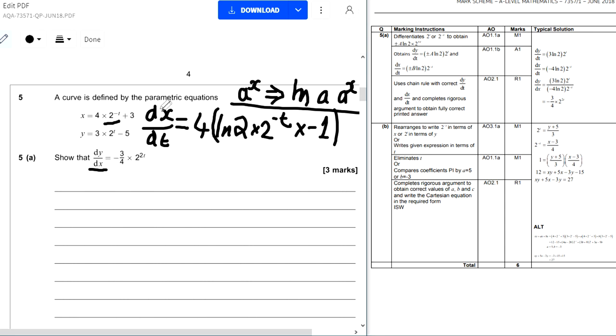In case you don't know how that works, let's write it like this. We have 2 to the minus t, and I'm going to make the substitution that u equals minus t, so then we can write it in terms of u, 2 to the u. du/dt is minus 1.